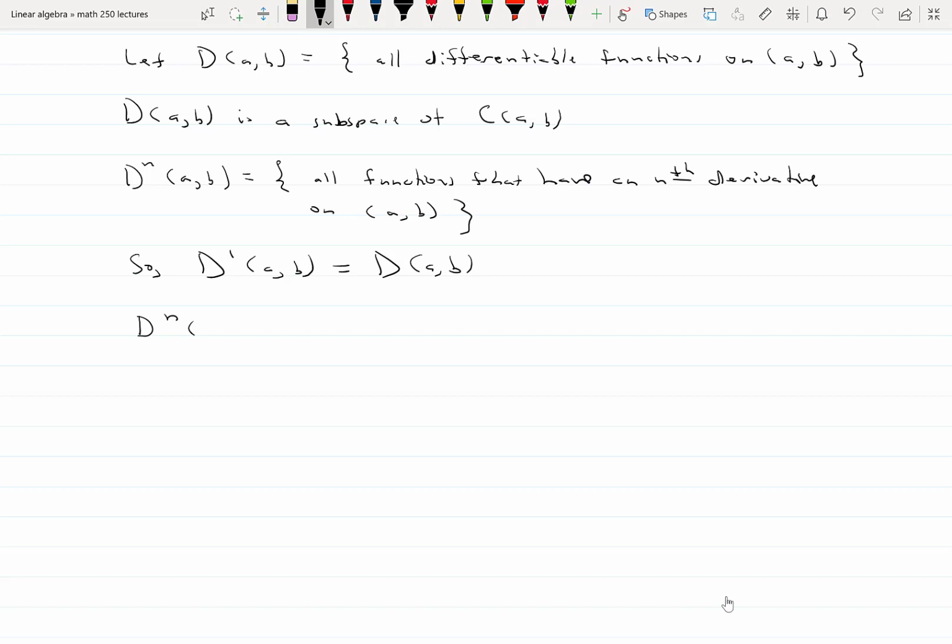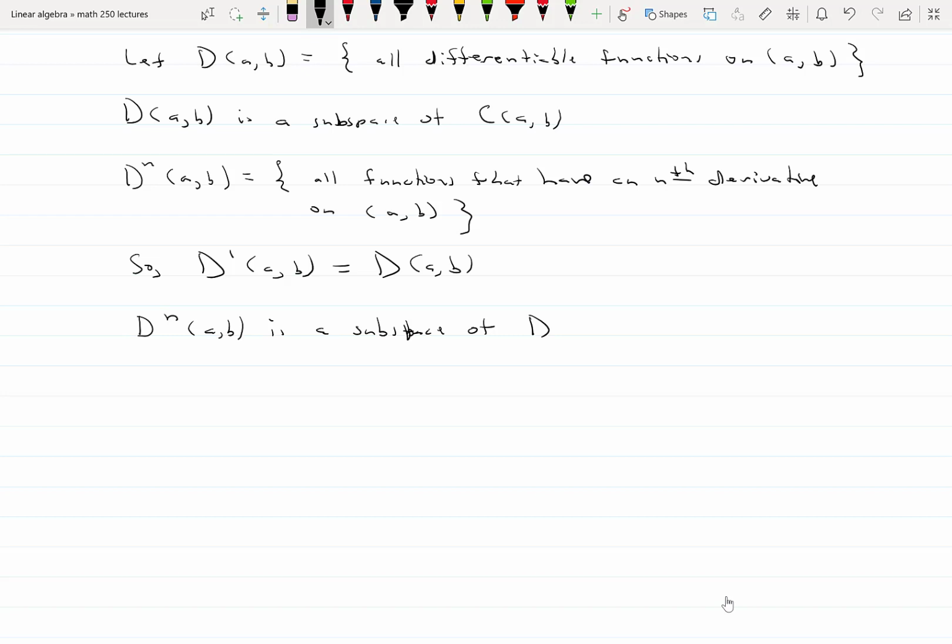Dn of AB is a subspace of D. D2 would be the set of all functions that have two derivatives.